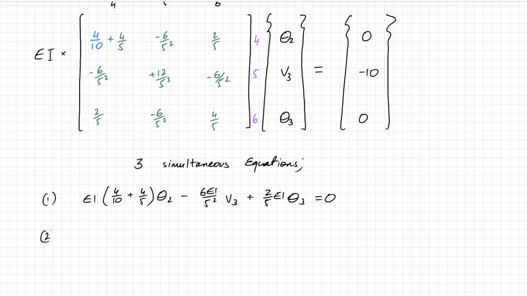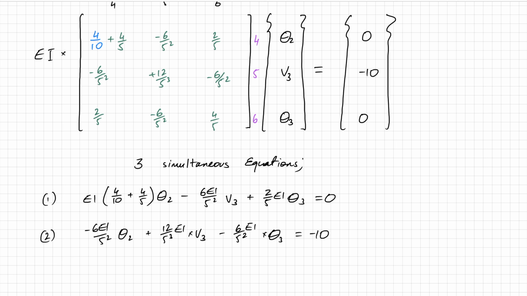From the second row I get minus 6 EI over 5 squared times theta 2 plus 12 over 5 cubed EI times V3 and minus 6 over 5 squared EI times theta 3 equals minus 10.